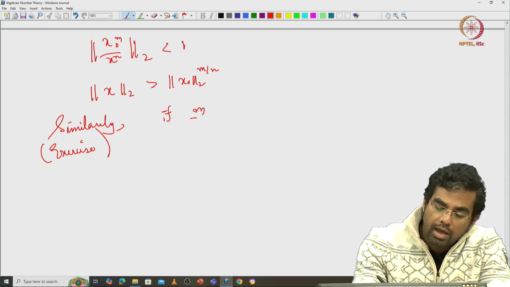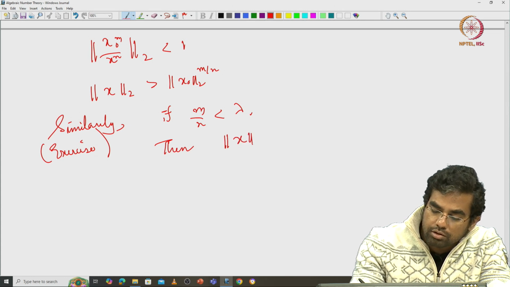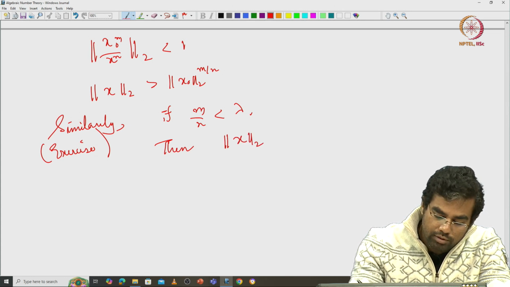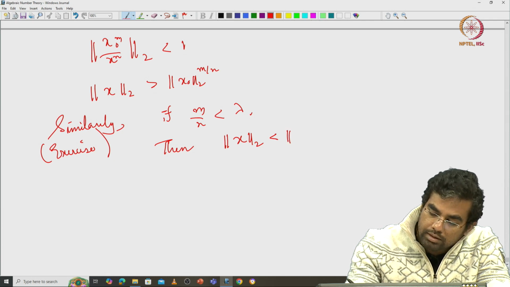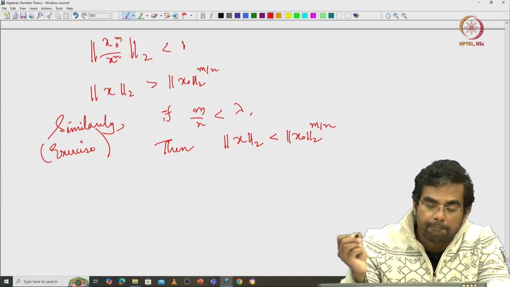Now similarly, I can show, you can take this as an exercise, if m by n is less than lambda, then the second valuation of x is less than the second valuation of x0 to the m by n.